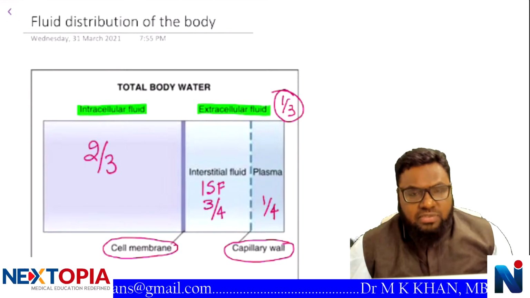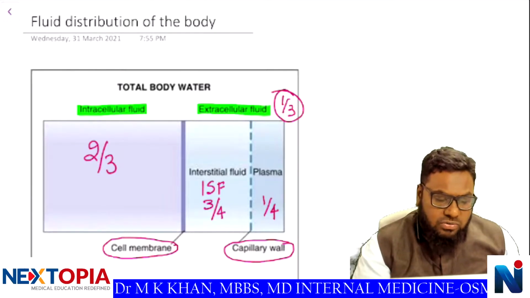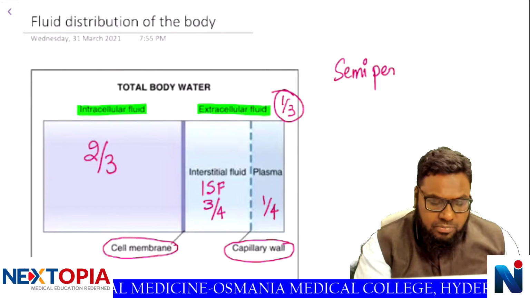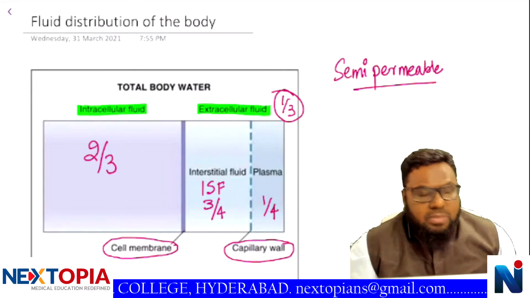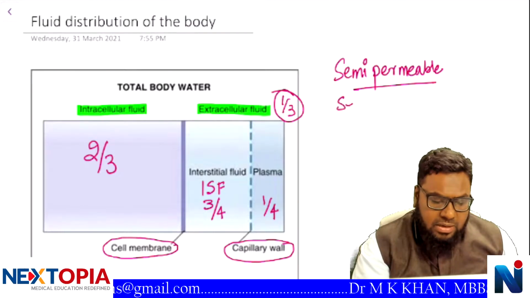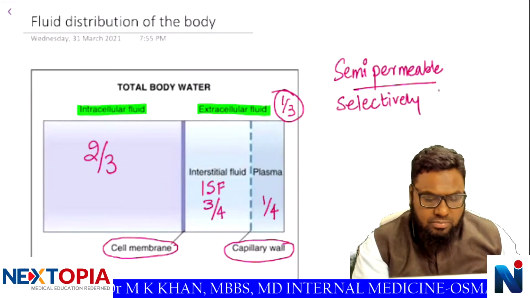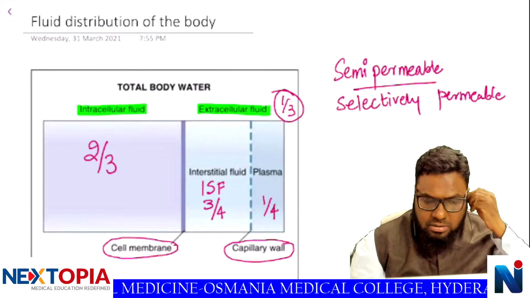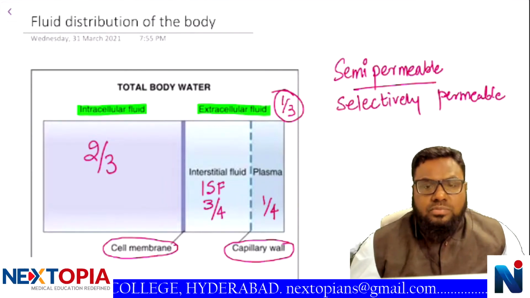Osmosis is nothing but diffusion of water across a semi-permeable membrane, or selectively permeable membrane.